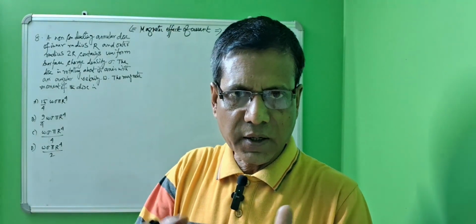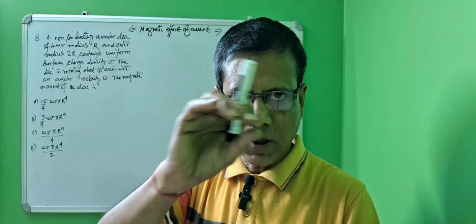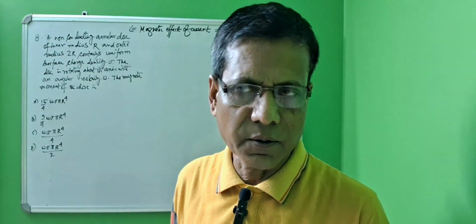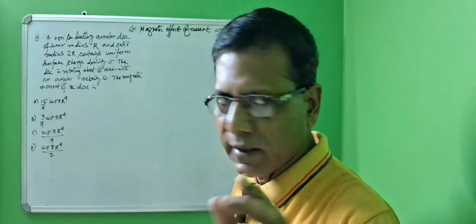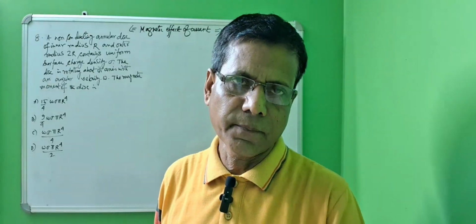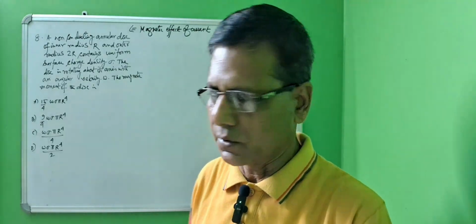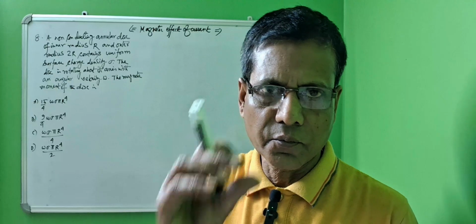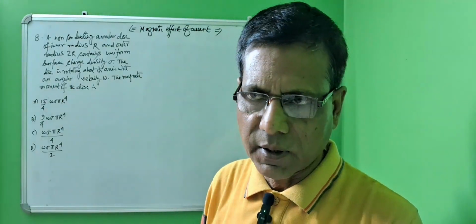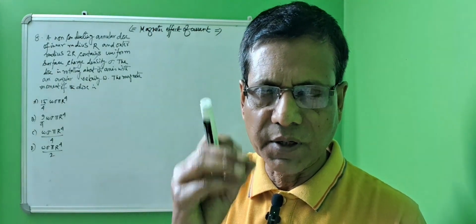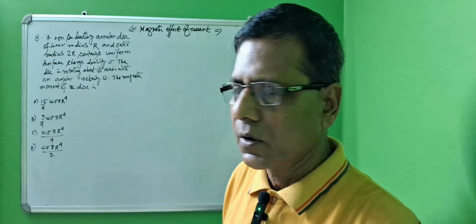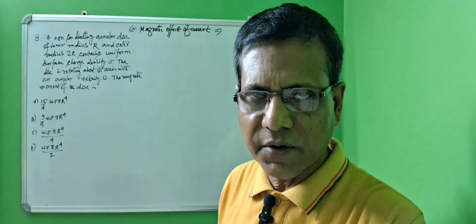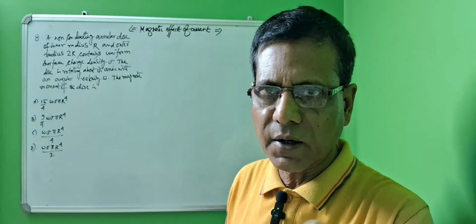In between capital R and twice R, an elementary annular ring is taken, for calculus notation, with width dr. For that ring we shall find the current.